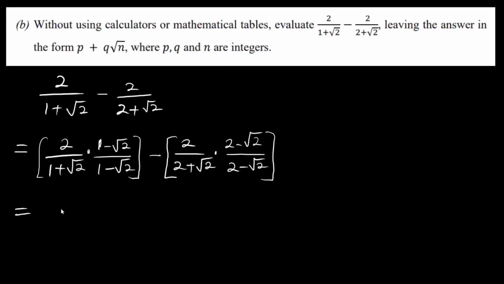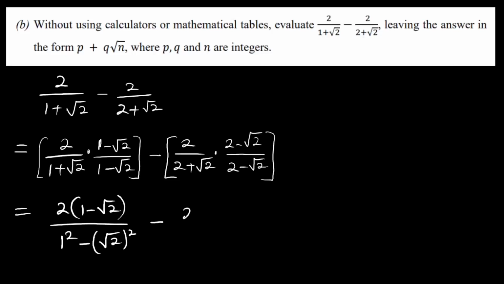So for the numerator, I'm going to multiply this to have 2 times 1. Let me rewrite this for better understanding: 2 times (1 minus root 2) all over 1 squared minus root 2 squared, minus 2 times (2 minus root 2) all over 2 squared minus root 2 squared.